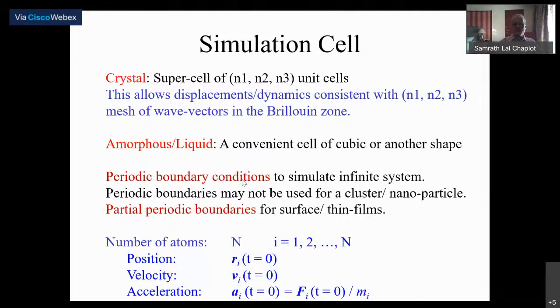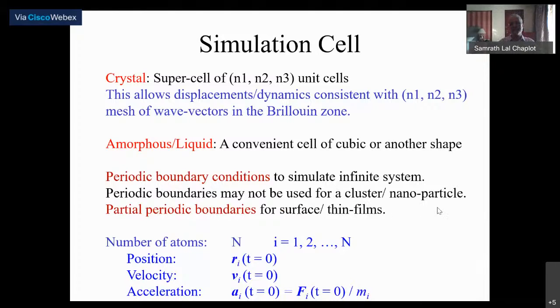If you do not wish to simulate an infinite system, but just a finite cluster or a nanoparticle, then you don't have to impose periodic boundary conditions, and automatically the atoms at the surface of this cluster or nanoparticle may have different dynamics or a different force field.